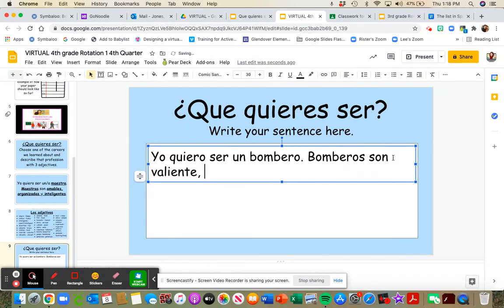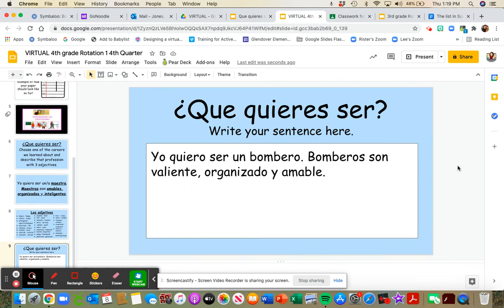I could say they are organizado y amable. They are brave, organized, and kind. So that's how I would describe my sentence, and that's it. That's all I have to do. And so then once I finish my sentence, I will turn that in. So once you have your notes and you turn in your sentence, you are done for the day.